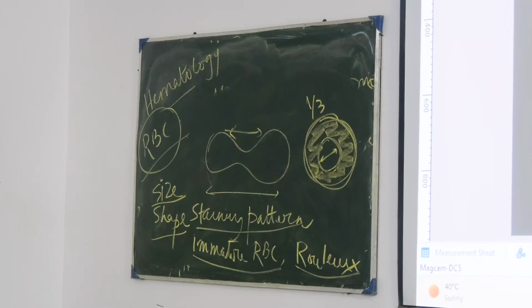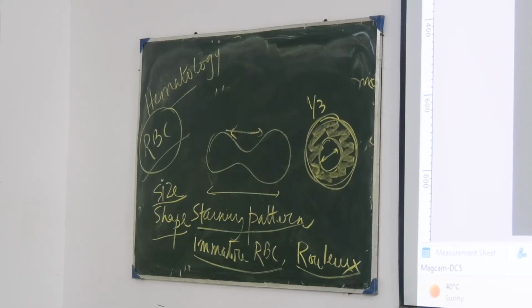But if there is a nuclear component, there will be a bluish tinge. So if there are some nuclear remnants within the RBC, some bluish tinge admixed with the normal pinkish texture of the RBC, they look polychromatic, RBCs of different color. And if I identify these polychromatic RBCs in considerable number, it is known as polychromasia.